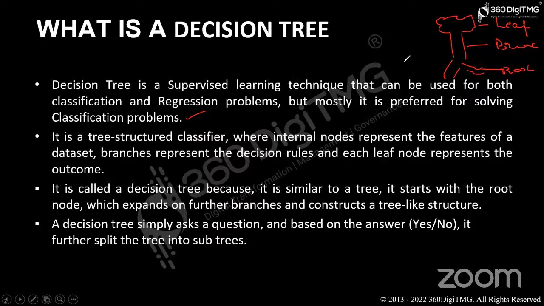When we talk about a decision tree, here we have the root, branch, and leaf node.